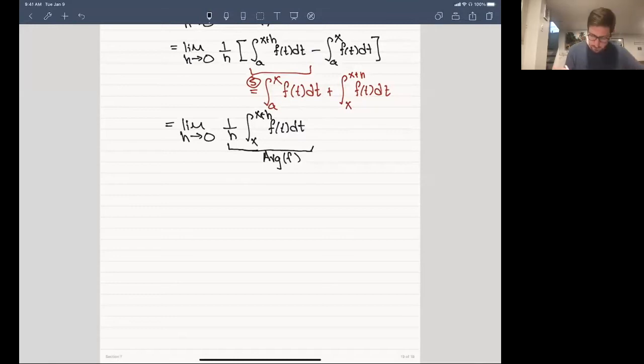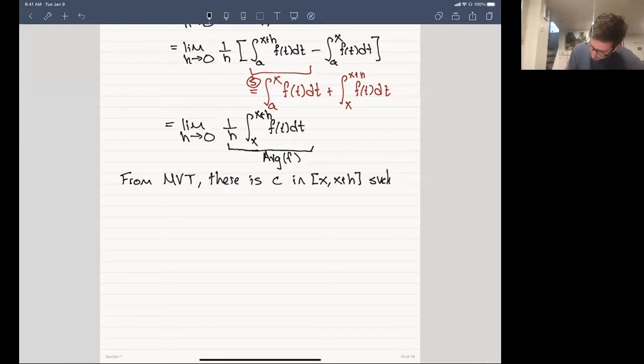And so that tells me that from the mean value theorem, MVT, there is c in the interval x to x plus h such that f of c is equal to this average.